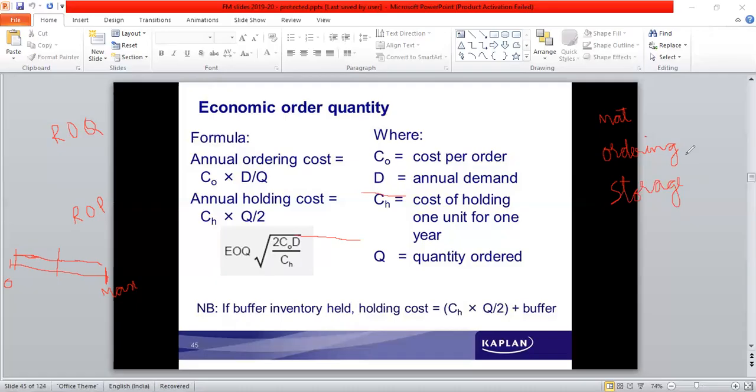See, if they purchase in small quantities, let's say 20,000 is the requirement. If they are buying 2,000 in one lot, 10 times they have to place orders. So the ordering cost will be incurred 10 times.